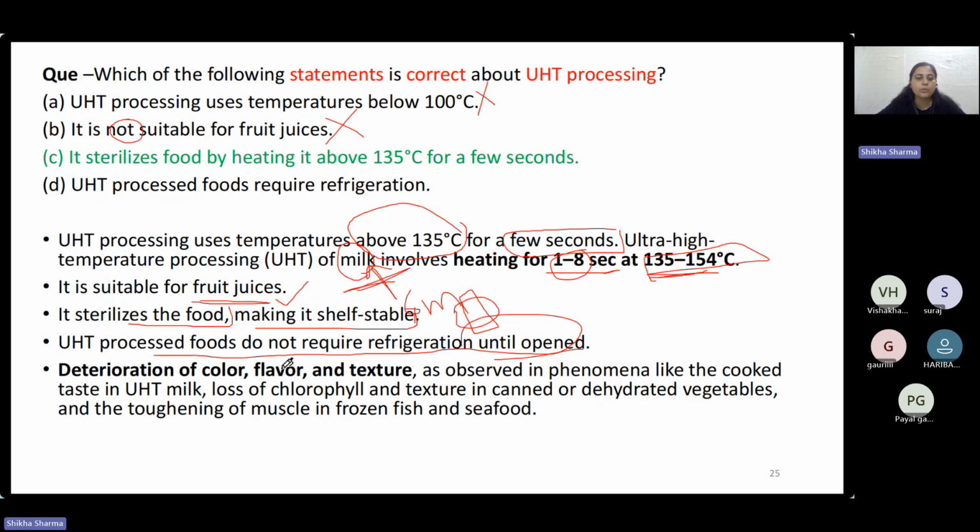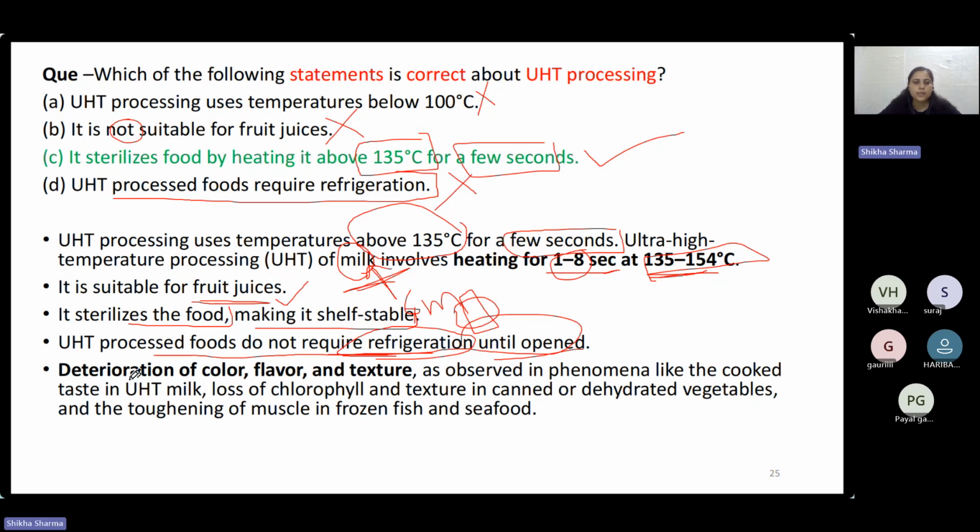But once the packet is opened, we need refrigeration. Otherwise, it will be fine at room temperature. So the fourth statement, that it requires refrigeration, is not correct, and C is correct, that it processes at a high temperature for a few seconds.